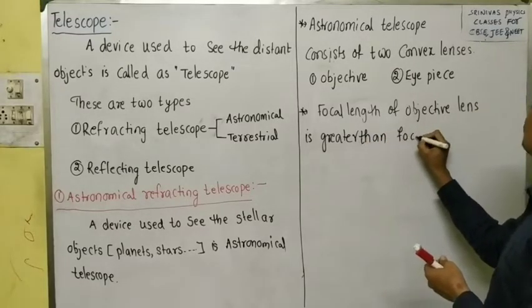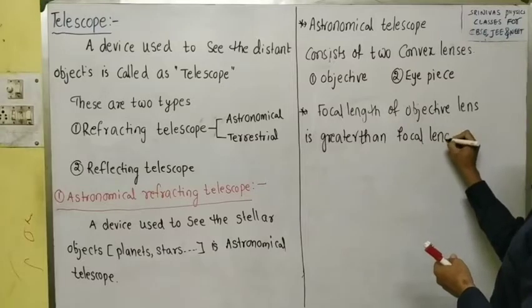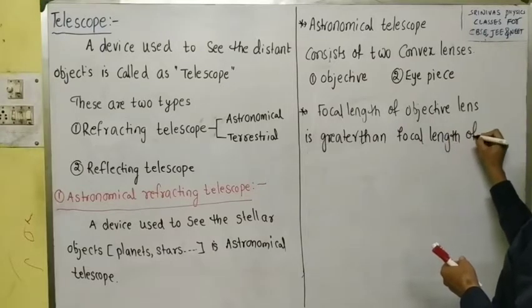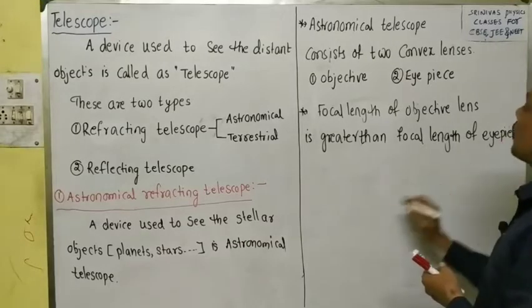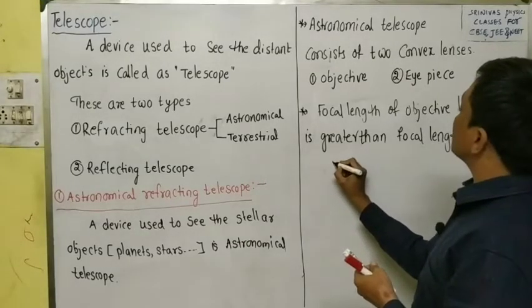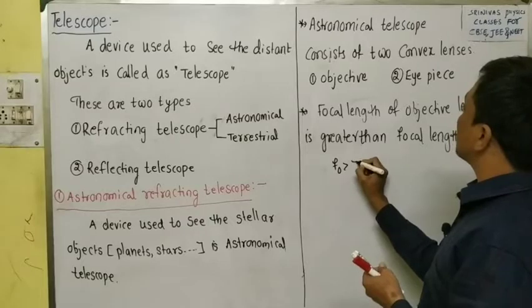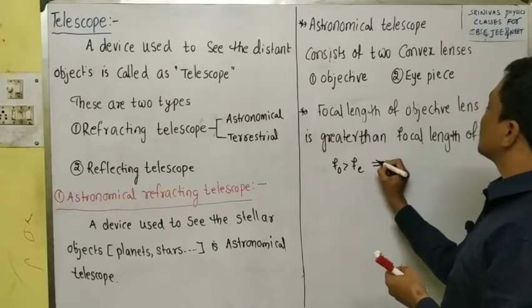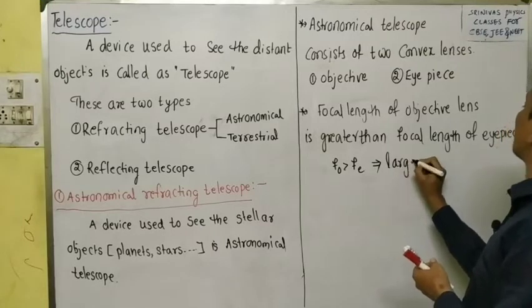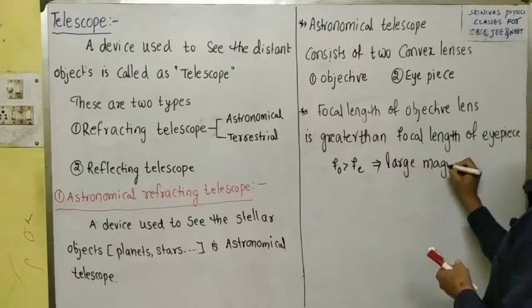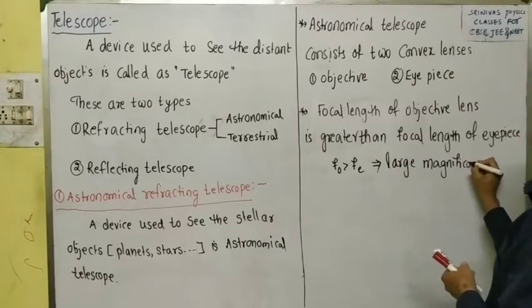If the focal length of the objective is greater than the focal length of the eyepiece, then we get large magnification.